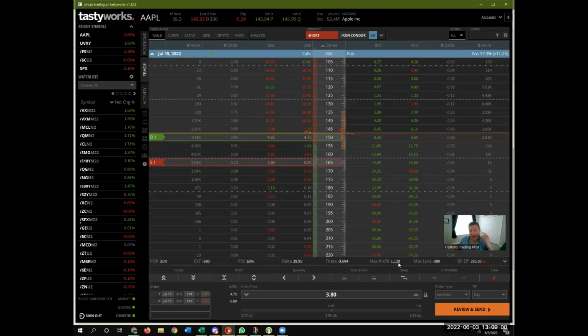So you've capped your max gain, but you've also reduced your max loss. And you're doing this because of the probability. Why cap it at 200 when it's a 1% chance of ever getting to 200?